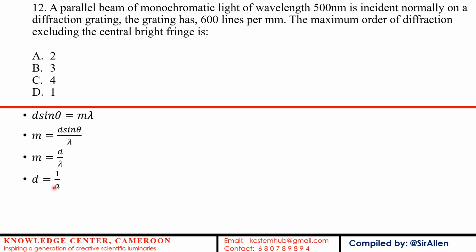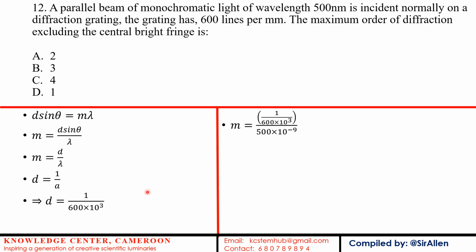Our d is 1 over a, which is the diffraction grating specification. So 600 lines per millimeter, we have to reciprocate that. So we are going to have d as 1 all over 600 times 10 to the power 3, so that we now have lines per meter. So this is our d, we have d over lambda, we put lambda here, we simplify, and we have 3.3.